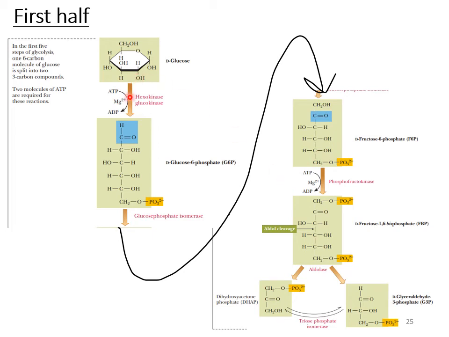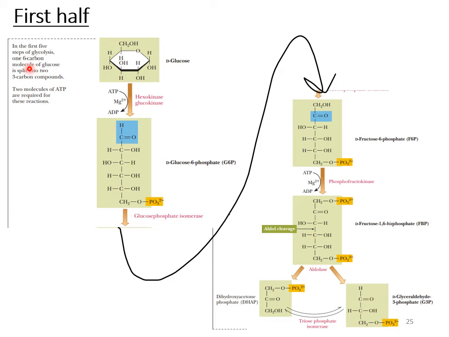You have hexokinase and you have phosphofructokinase. ATP is required in these steps because the enzymes will need to take a phosphate from that ATP and use it to add the phosphate group to the substrate to create the next molecule in the glycolytic pathway.